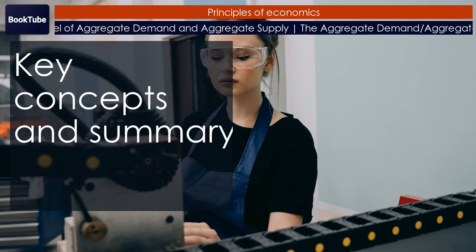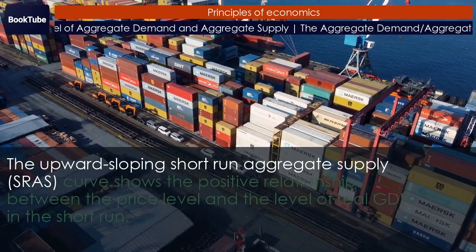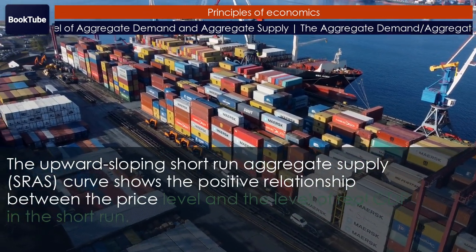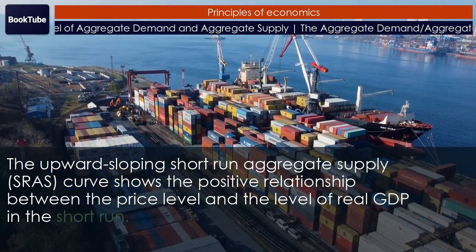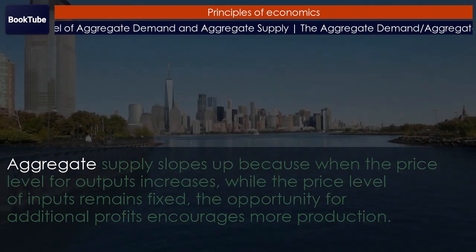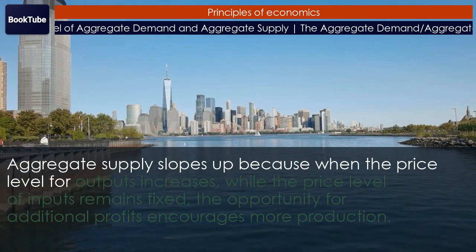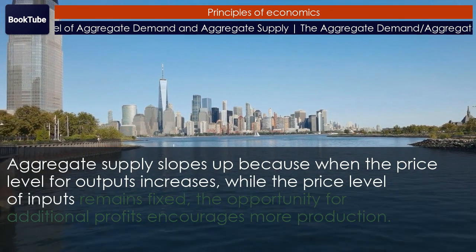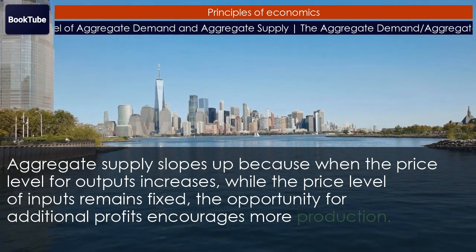Key concepts and summary. The upward-sloping short-run aggregate supply, SRAS, curve shows the positive relationship between the price level and the level of real GDP in the short run. Aggregate supply slopes up because when the price level for outputs increases, while the price level of inputs remains fixed, the opportunity for additional profits encourages more production.